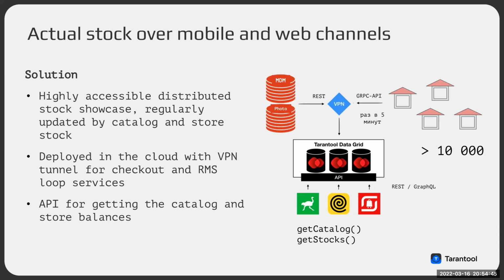This currently works in production for more than 10,000 shops in Russia. Such a data mart hosts the services and allows to get stocks and catalogs for any shop in Russia, powering this express delivery. You may have some questions here.